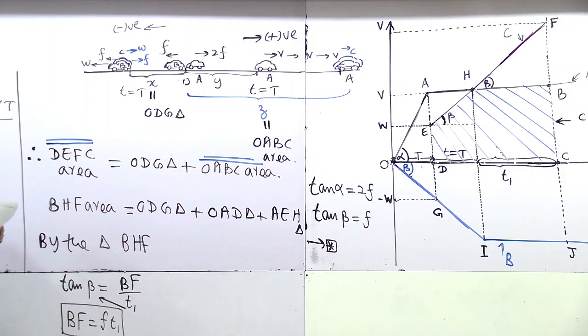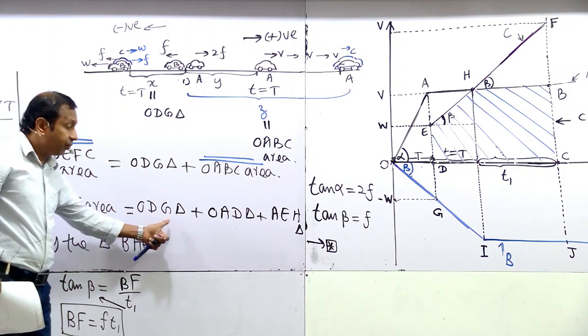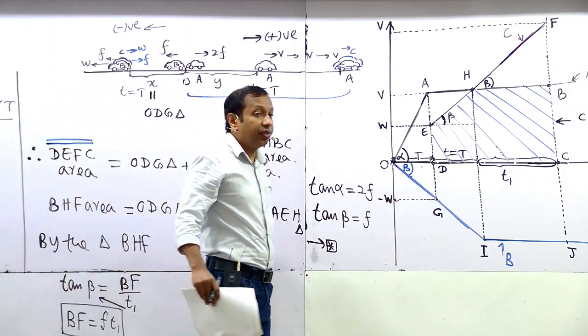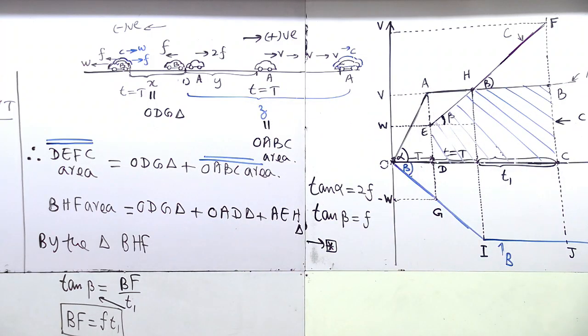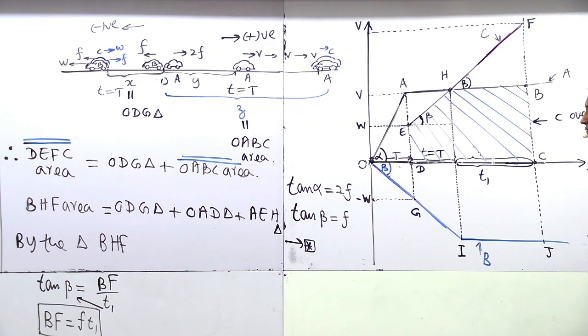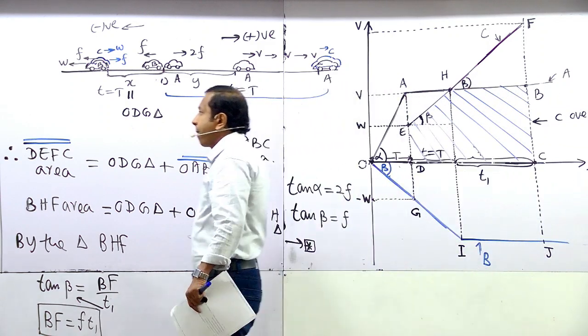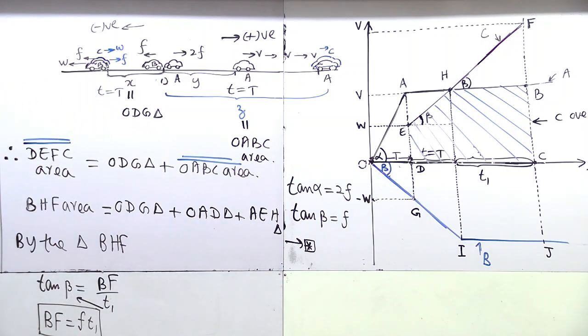Now we'll substitute, people, these areas and get this value of T1. Now substitute for star.